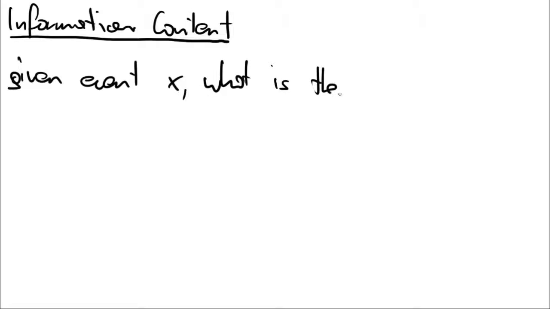So, for information content, let's say given we have an event X. This event already happened in the past, so we know the outcome of the event. But what we actually want to know is what is the information content of that event.